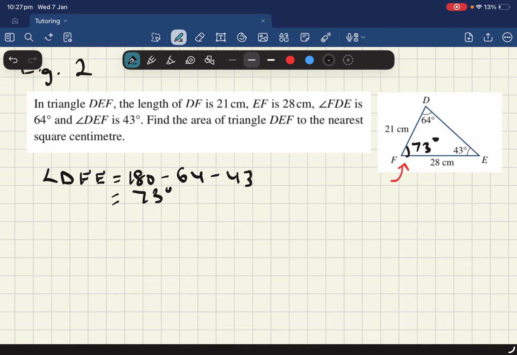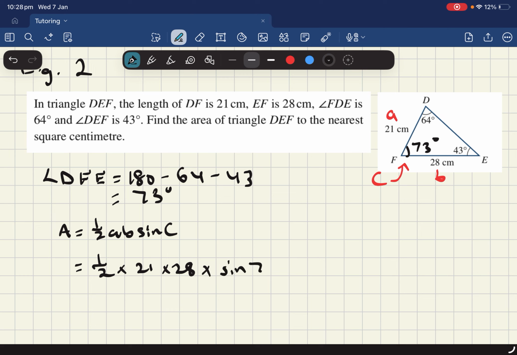Now we have our included angle. So once again, we're going to write the area equals half. Let's label these A, B, and that'll be sine of that angle C. So we have half A, B, sine C, which equals half times 21 times 28 times sine of 73.